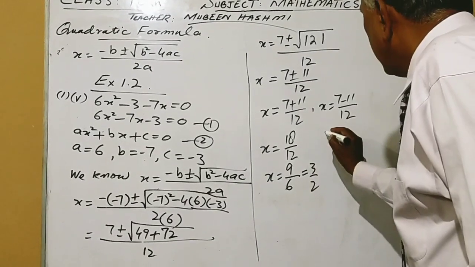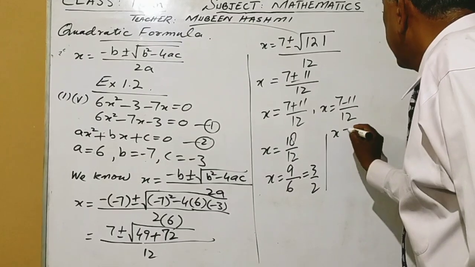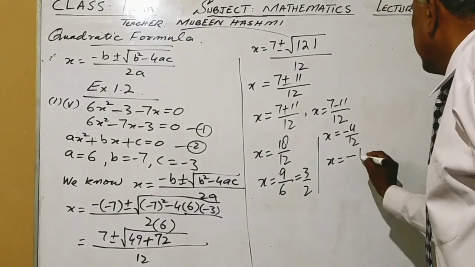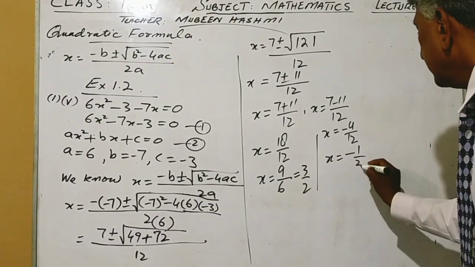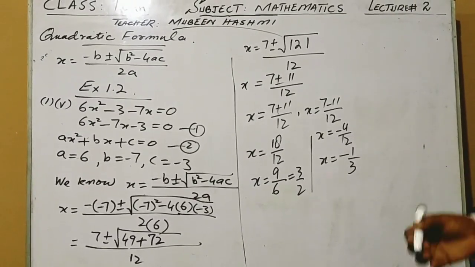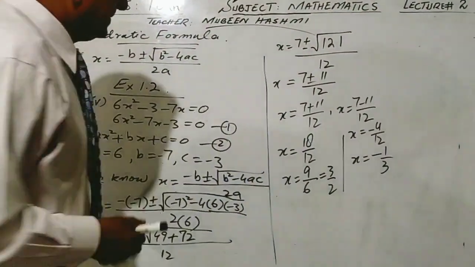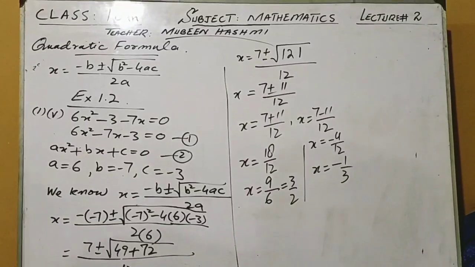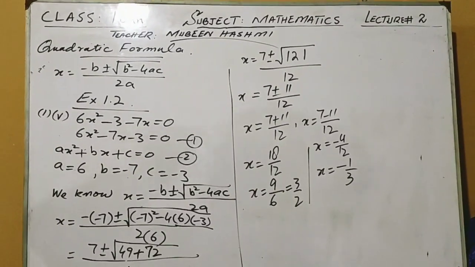Then x is equal to minus 4 upon 12, so x is equal to minus 1 upon 3. Is it clear? Look here. These are the roots of this quadratic equation.